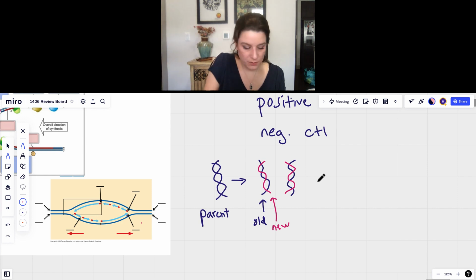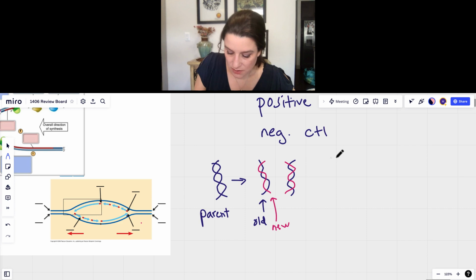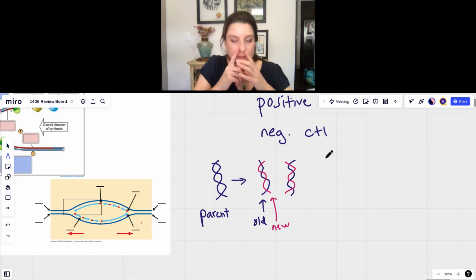So the whole beauty of DNA replication is based off of DNA structure. So I don't think I have much, if anything, about the people that did the different discoveries. I mean, Watson, Crick, Franklin did the DNA double helix.